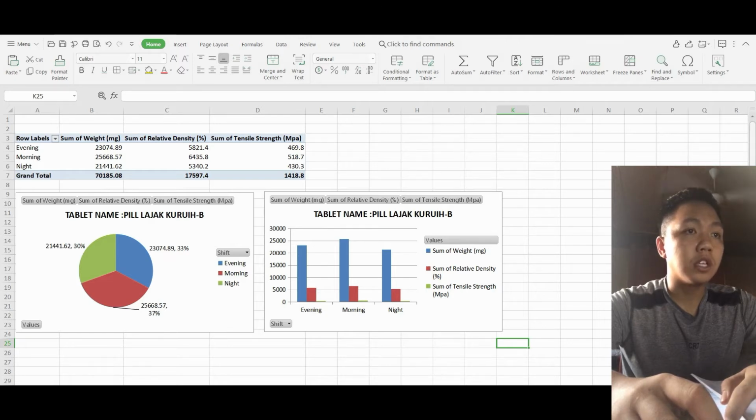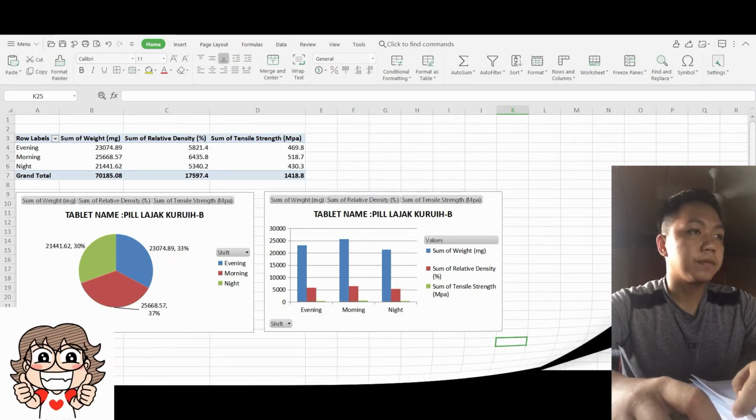We can also see from the bar chart that the production is at the minimum during the night shift, where the weight, the relative density, and the tensile strength are very minimum. So we can summarize that the production is at the maximum during the morning shift, and the production is at the minimum during the night shift.